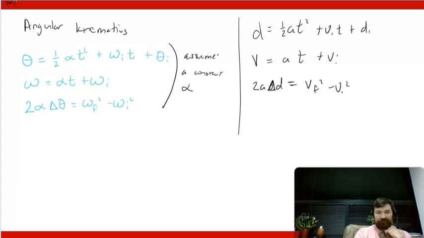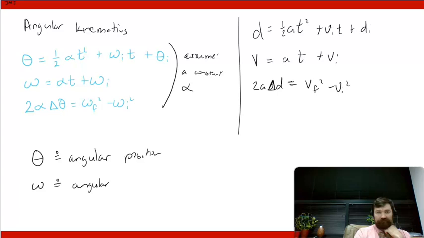These are angular quantities. And for that reason, we can say not only that theta represents angular position, but that omega represents angular speed or velocity.